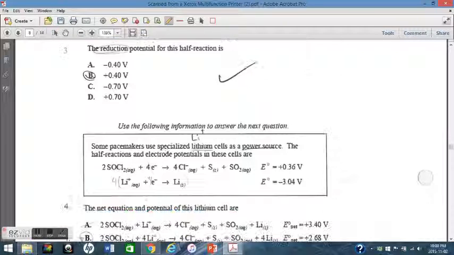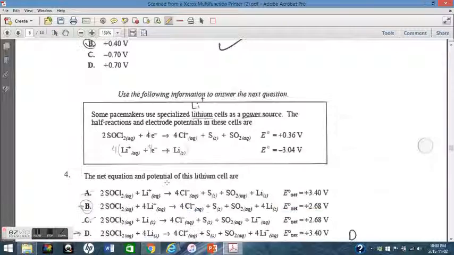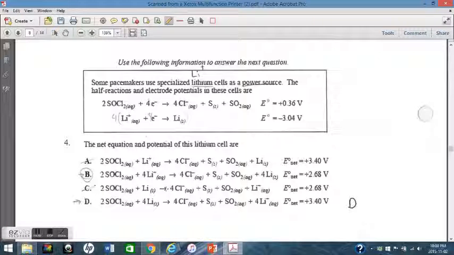Reduction potential for this, you got that correct. Alright, and this particular one, the correct answer is going to be D. And the big thing with this one is that these are both given as the reduction half reactions.